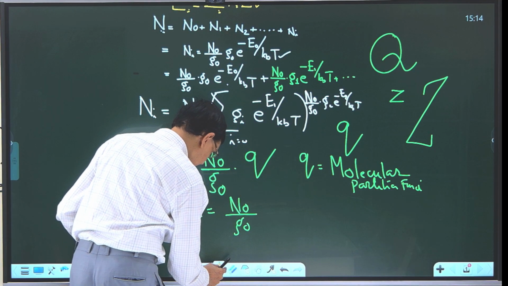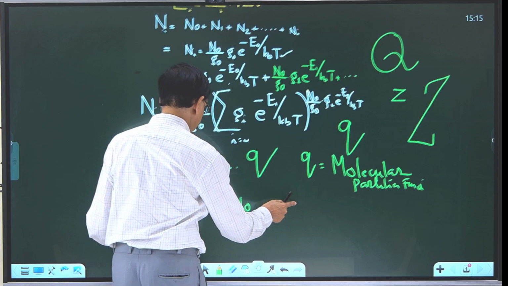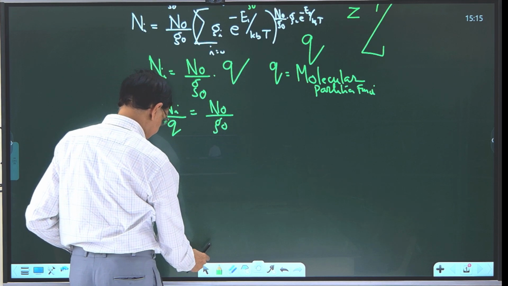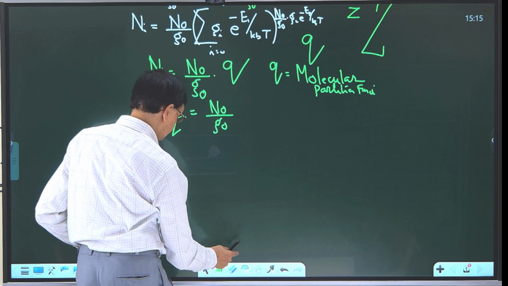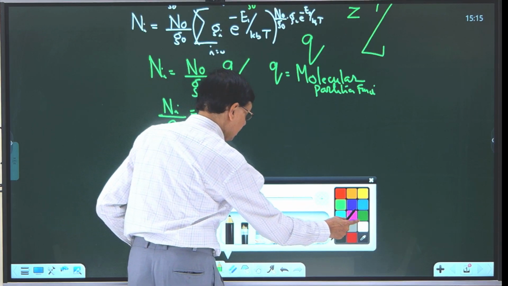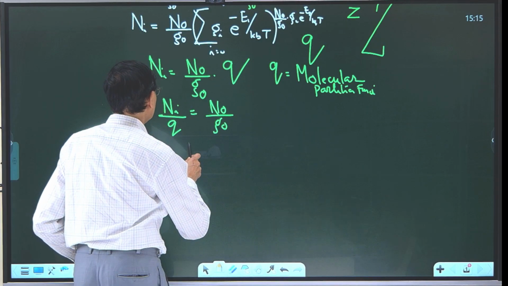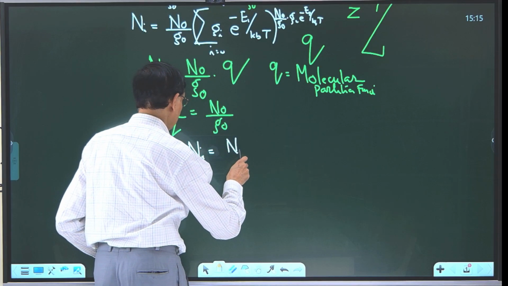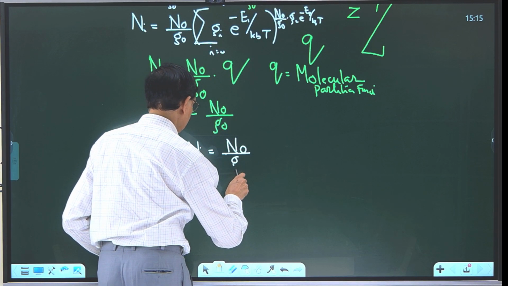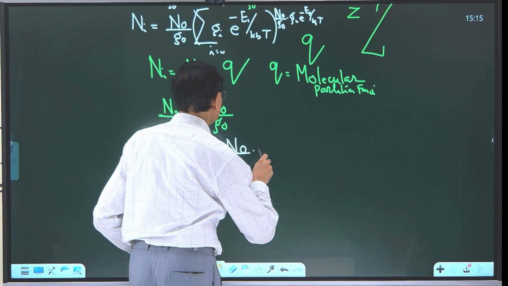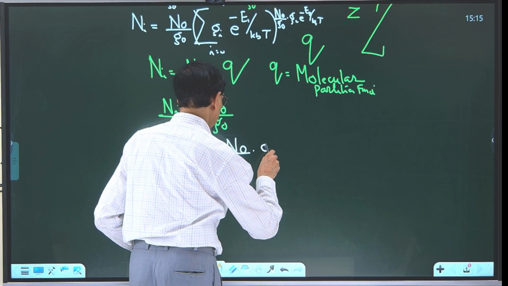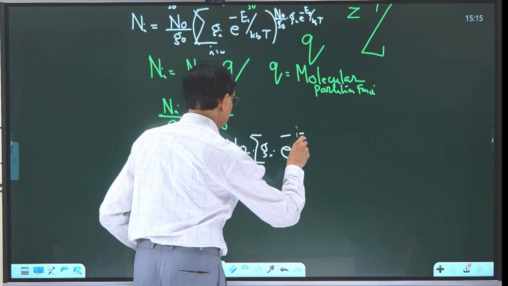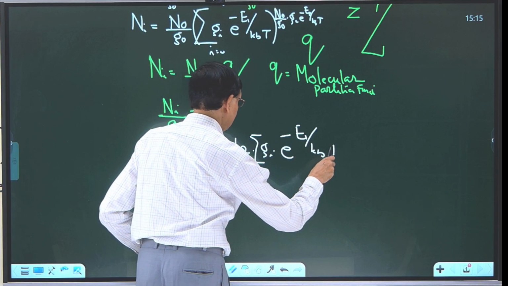So therefore, in normal cases, what is our actual formula? N is equal to N0 G0 times the summation of Gi exponential minus Ei by kBT.